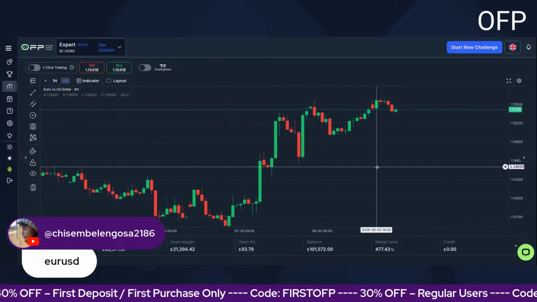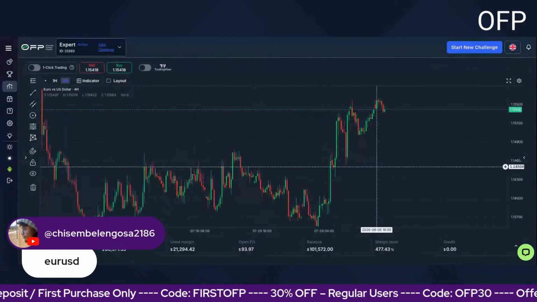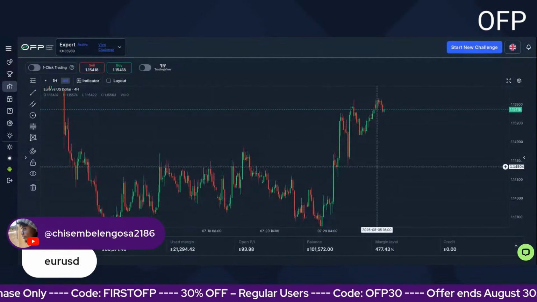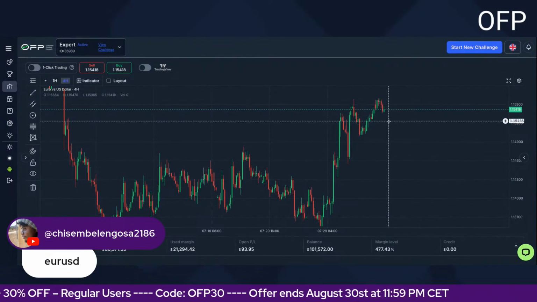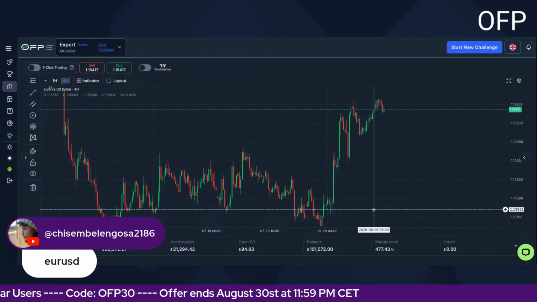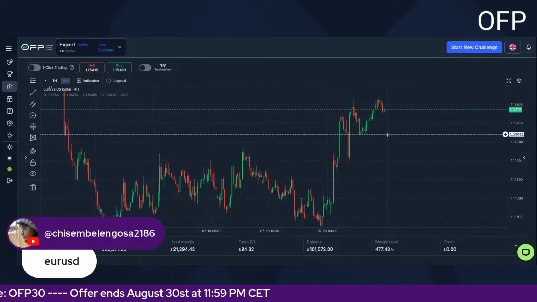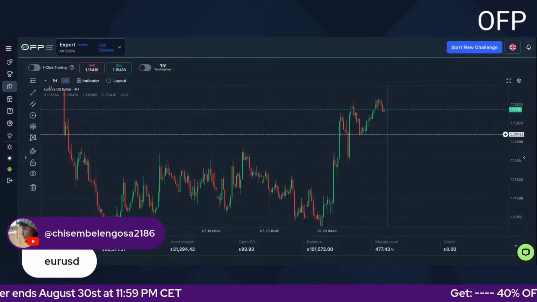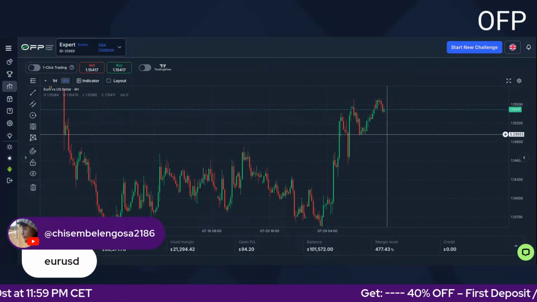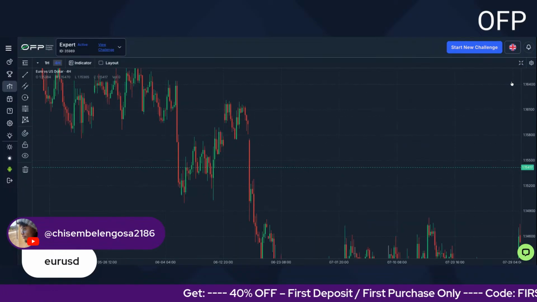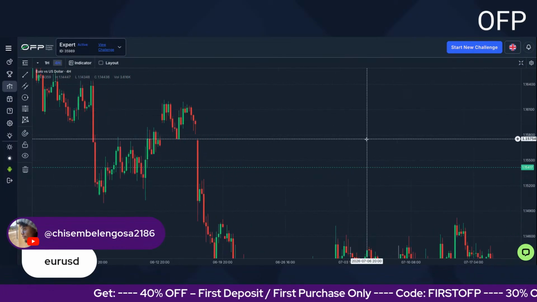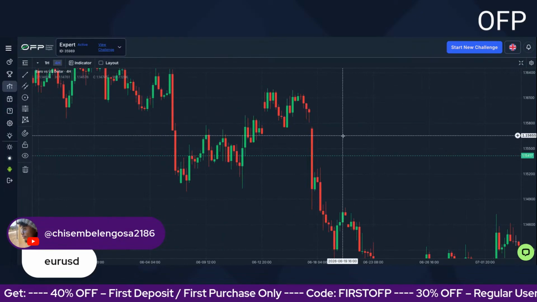I do think right now euro dollar is just holding, and NFP just seems to be like the trigger for this to drop as well. So like tomorrow, I just do think it's going to be a US dollar strength only. Like we're literally going to just see this tomorrow.